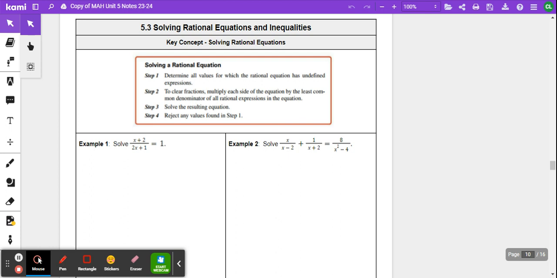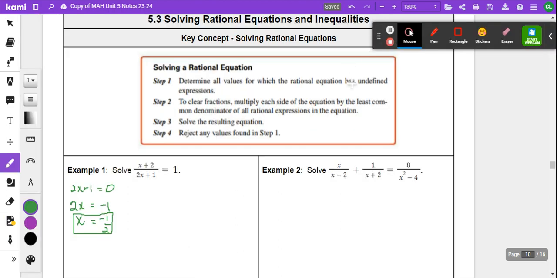So in example 1, the only denominator is 2x plus 1. What I want you to do is pause the video, set that equal to 0, and see what value would make that undefined. All right, in example 1, what I found was the denominator equals 0, and solving, I found that x equals negative 1/2.